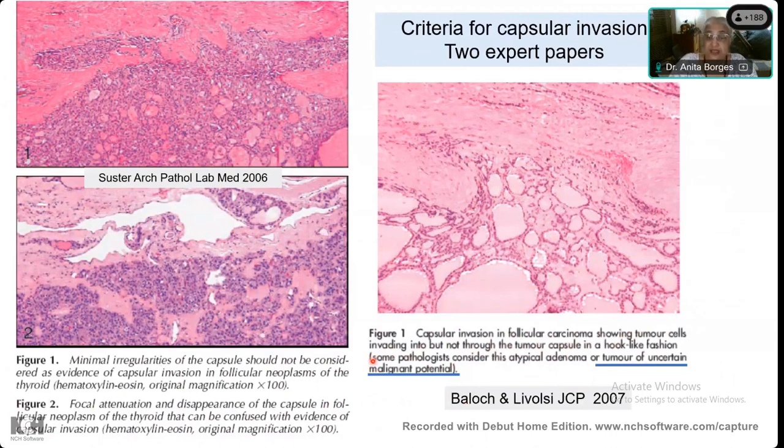And then they say in brackets, some pathologists consider this atypical adenoma or tumor of undetermined malignant potential, uncertain malignant potential. Now you see the difference? These are both experts. All right. And one thinks that what's on the right should not be considered, and the other thinks that it should be considered and would definitely consider what is figure 1 of Schuster, invasion of the capsule.